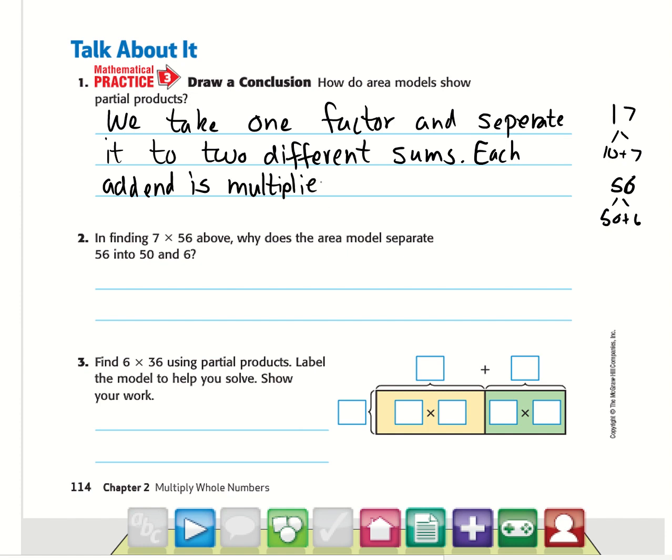Each addend is multiplied by the other factor, and this is to find a part of the total product.